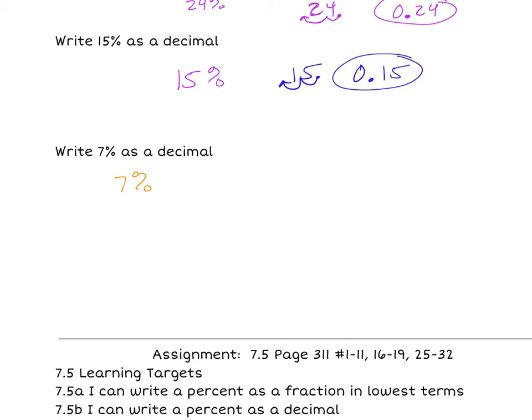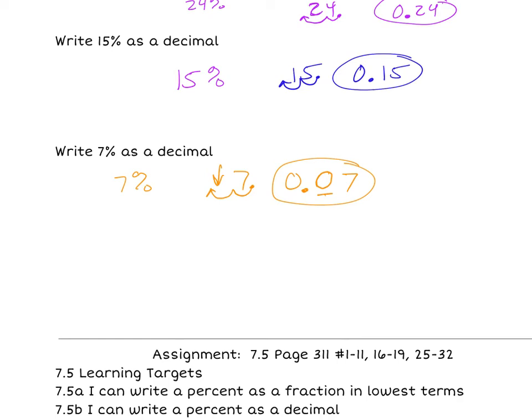With 7%, it gets a little trickier because there's only one digit here. Take off the percent sign, move your decimal 2 places, 1 place, 2 places. Now we have point, and we've got a blank here, then 7. In that blank, you always put a 0. So 0.07, because I have this blank space to the left of the 7.